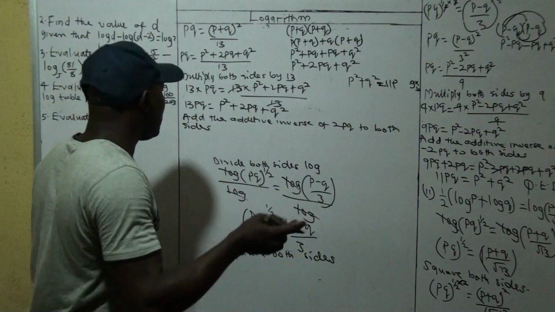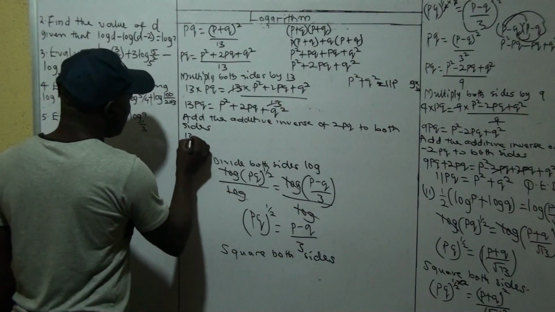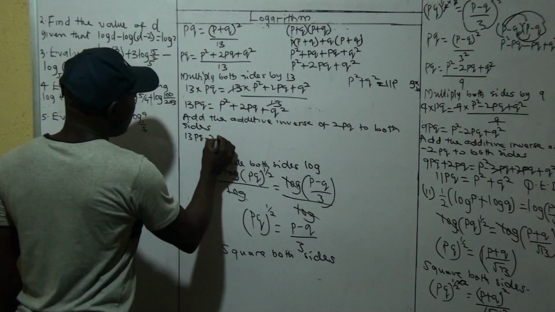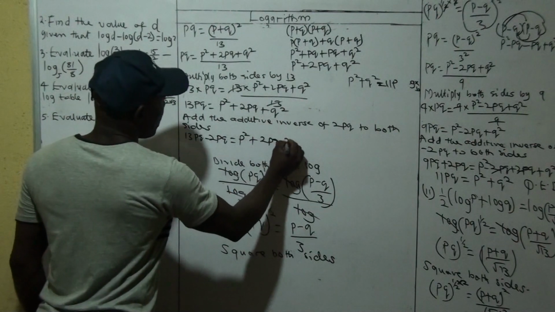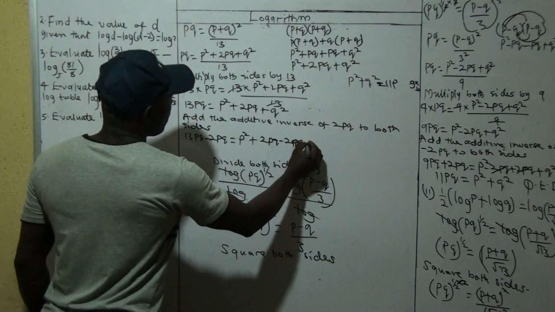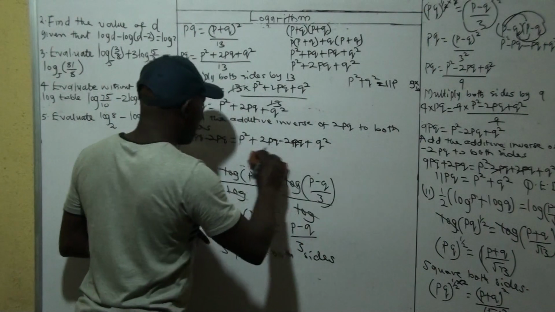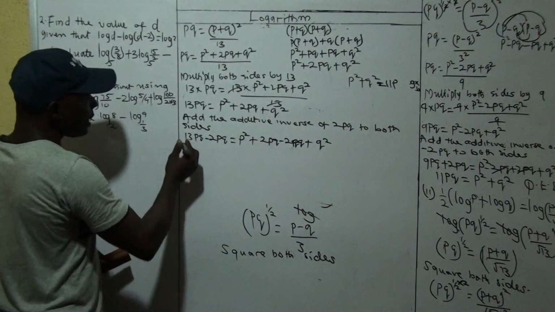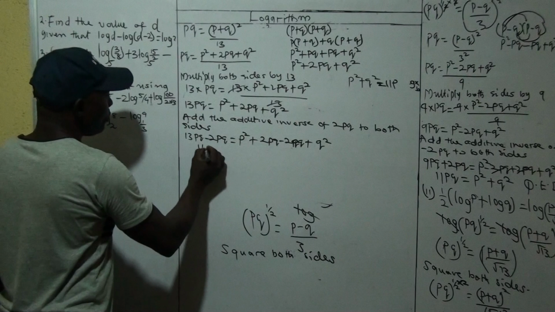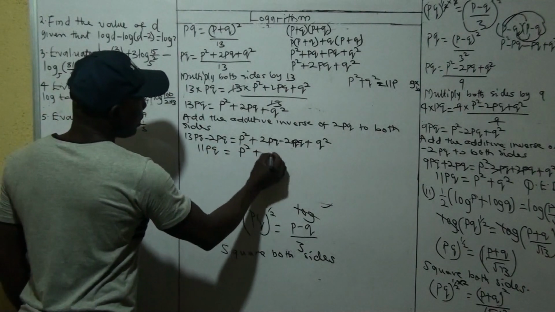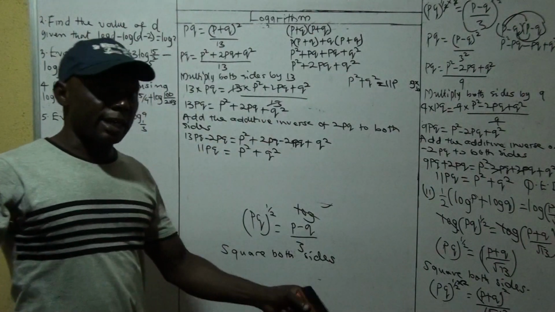You'll see everything there on linear equation, it's well explained there. So here we have 13pq minus 2pq is equal to p squared plus 2pq minus 2pq plus q squared. So if we have done that, you will see that this is 13pq minus 2pq, which is 11pq, and here we have p squared plus q squared. So the path for the two equations has been established.